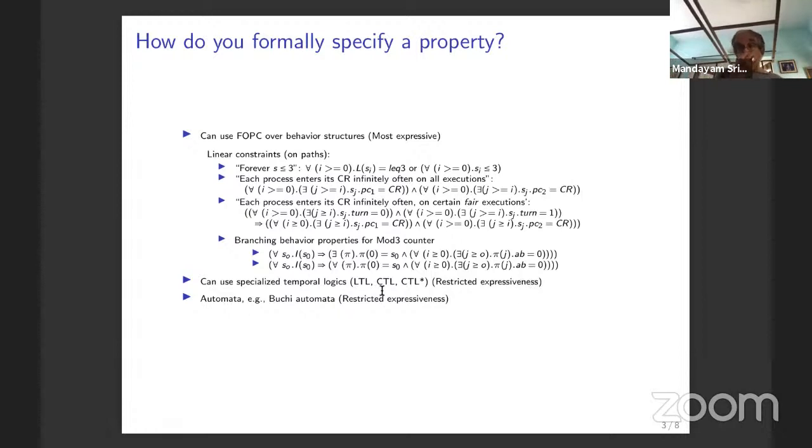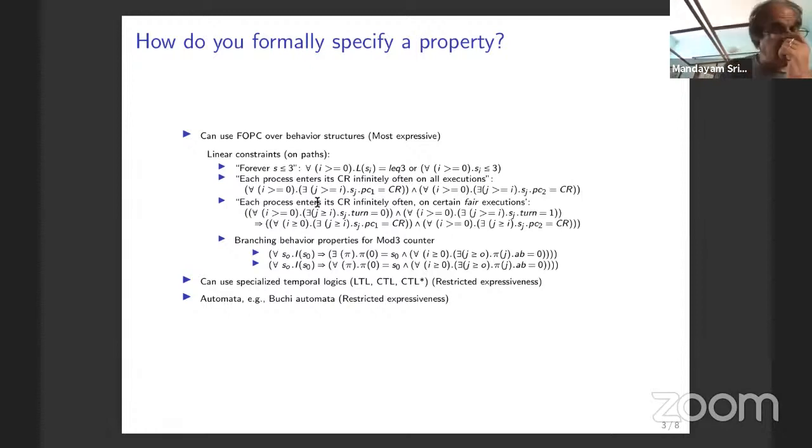We will not be using first order predicate calculus and throwing the full power of first order proofs at that. Instead, model checking is concerned with using either specialized temporal logics or special kinds of automata to devise automatic methods for deciding a class of properties that are somewhat more restrictive in expressiveness than full first order logic.